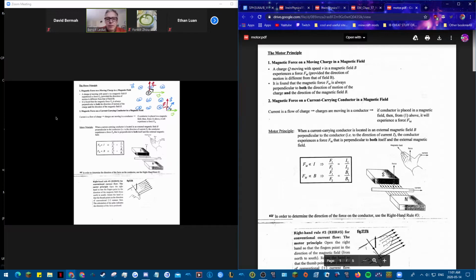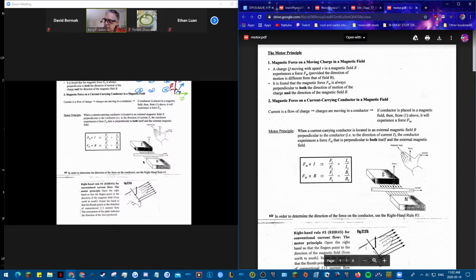And this is what has been determined experimentally. So if you have a wire and you send current in the wire, and then you put it in a magnetic field, let's say between the poles of a magnet, this wire will experience a magnetic force. So the wire will move, will accelerate.